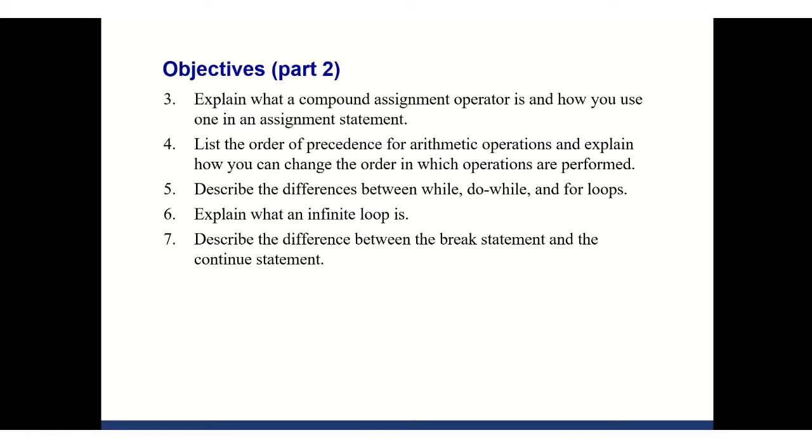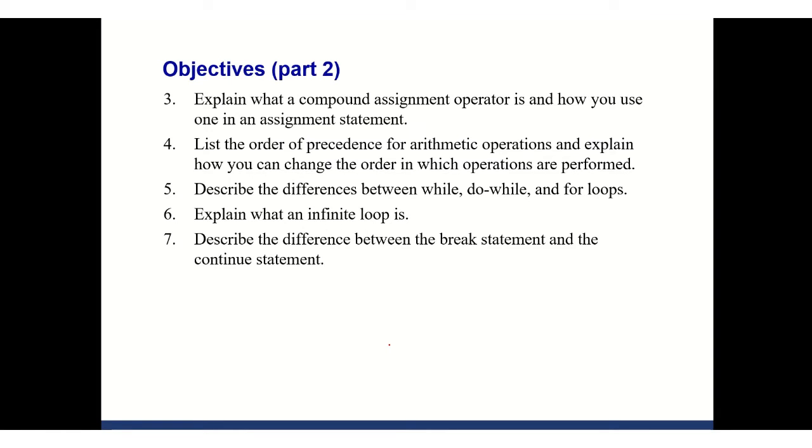We will be explaining what a compound assignment operator is and how you use one in an assignment statement. We will be listing the order of precedence for arithmetic operations and explaining how you can change the order in which operations are performed. We'll describe the differences between while, do while, and for loops.